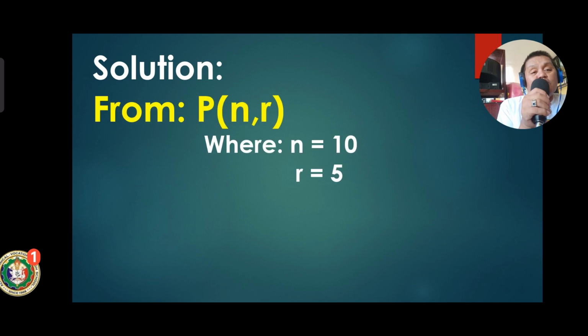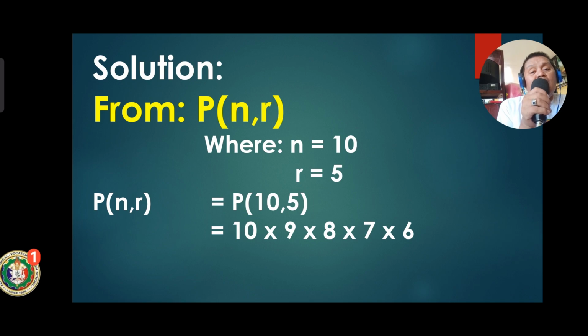We have now the solution from the permutation of n objects taken r at a time, where n is equal to 10 patients and r is equal to 5 rooms.